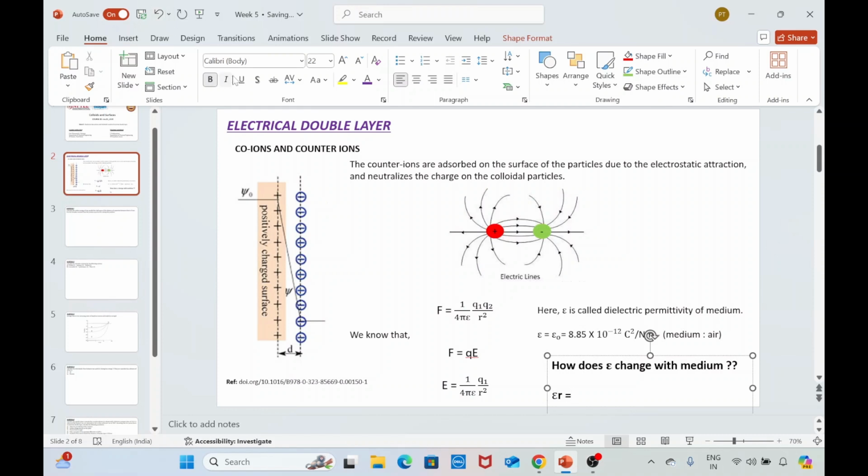So this epsilon r is called the dielectric constant of a medium.